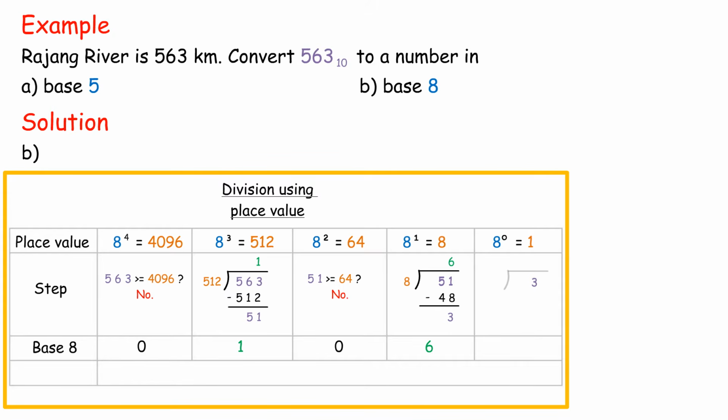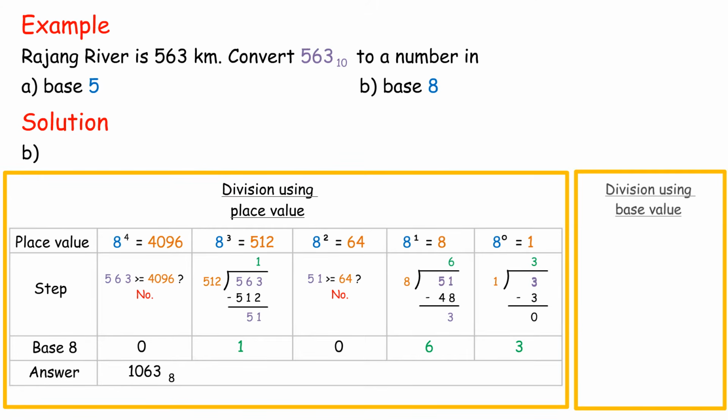Thus, 3 divided by 1. 3 times 1 equals 3. 3 minus 3 will get 0. Thus, write down 3 in base 8. Therefore, 563 in base 10 is equal to 1063 in base 8. Now, we move on to method 2, division using base value.